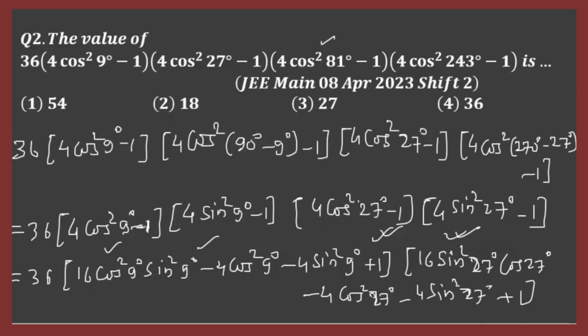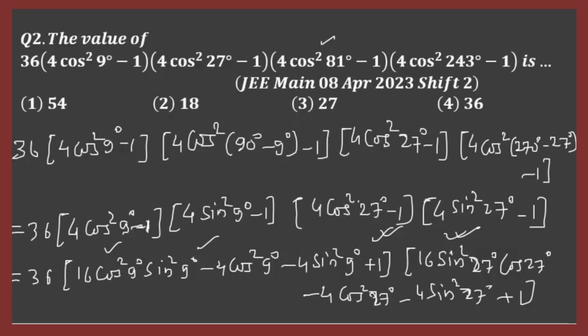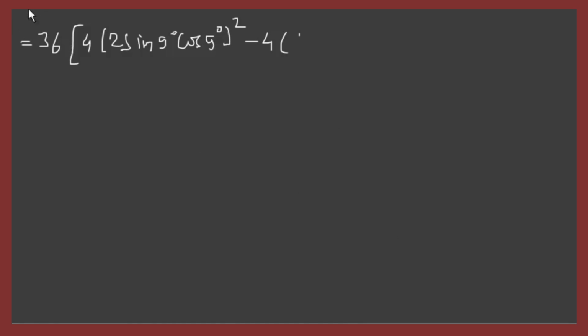Now we can write this as 36, and here we have the 16, so we can write this as 4 into 2 sin 9 cos 9 the whole square, and here we will take 4 common, so this is 4 times cos square 9 degree plus sin square 9 degree, and plus 1.